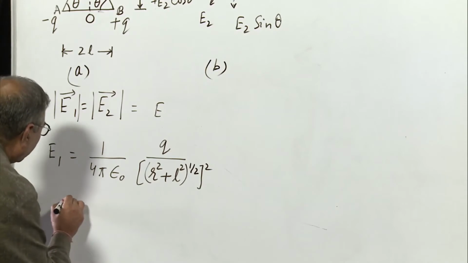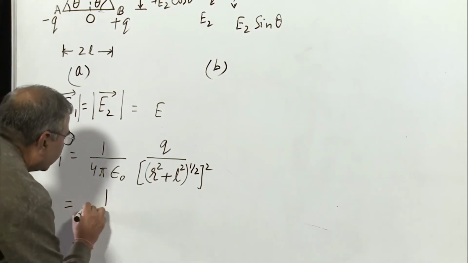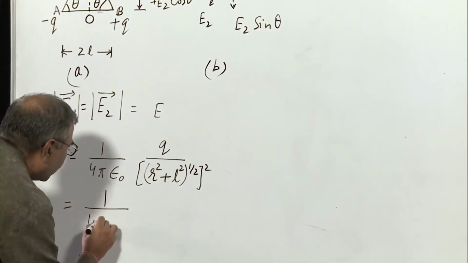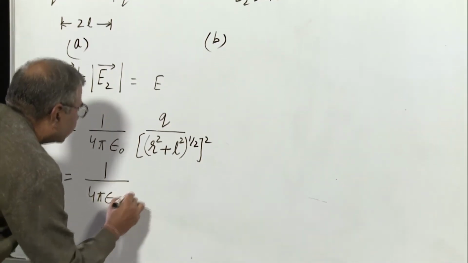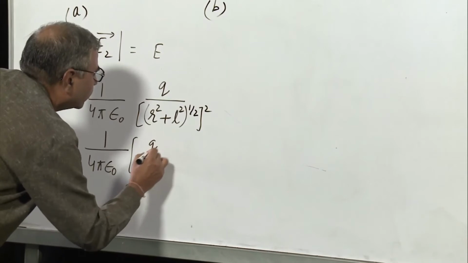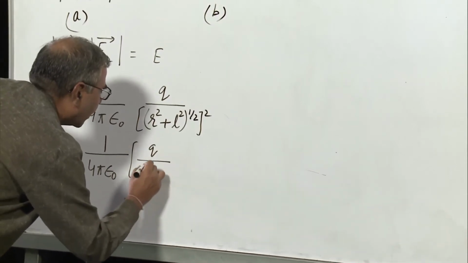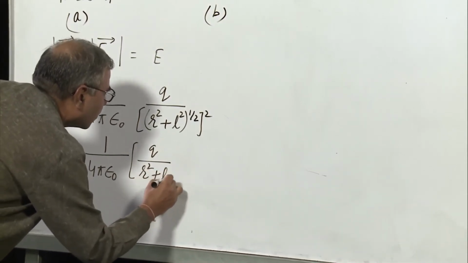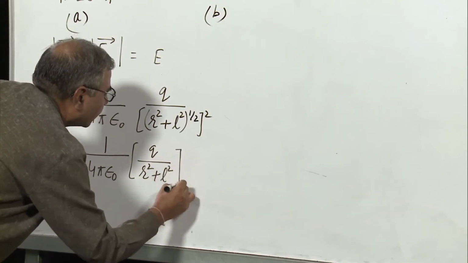So, the expression will be 1 upon 4 pi epsilon naught q upon (r² + L²).